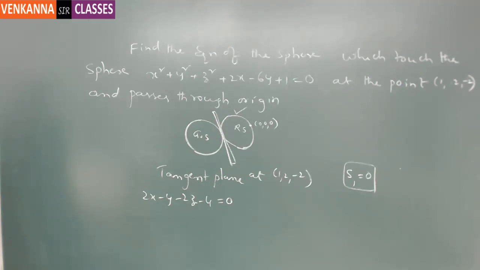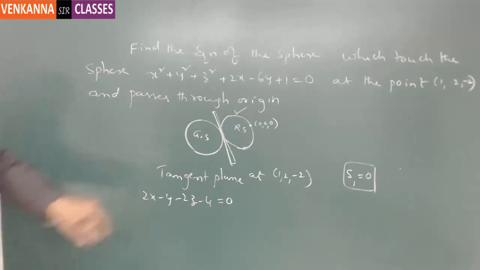As we know, whenever a plane and a sphere intersect, it is a circle. So here the circle is nothing but a point. So we have to treat the point as a point circle, a circle whose center is there and radius is 0.